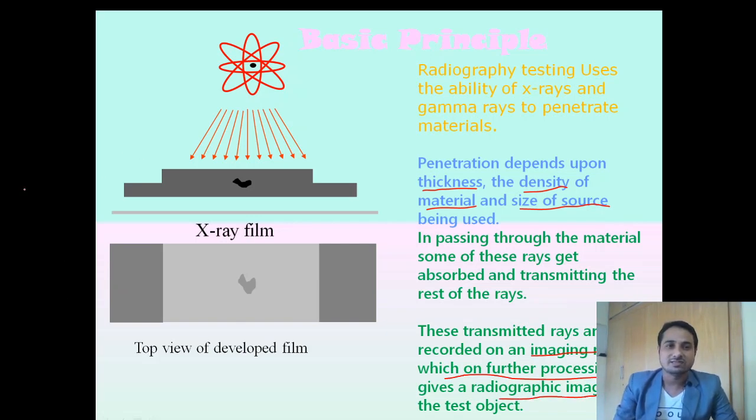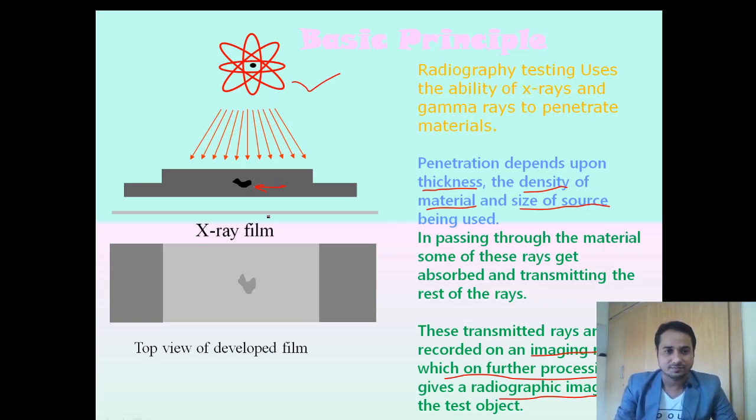Here we can see, this is my radiation source. From the source, gamma rays are coming, and this is my test piece which I have to test, and this is an internal defect which we need to identify.